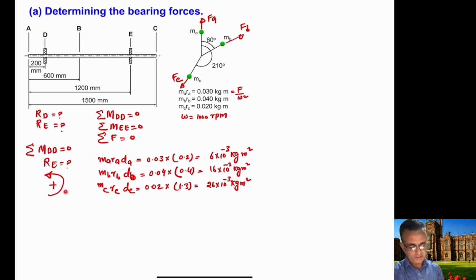So if we take the counterclockwise moments as positive in this case, this means that if a force is positive at location A, it will create a counterclockwise couple.